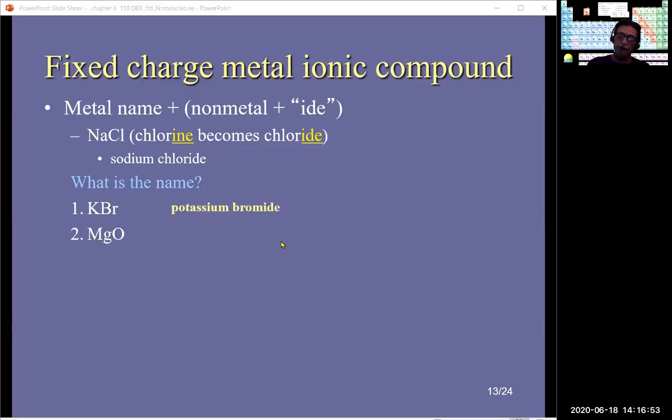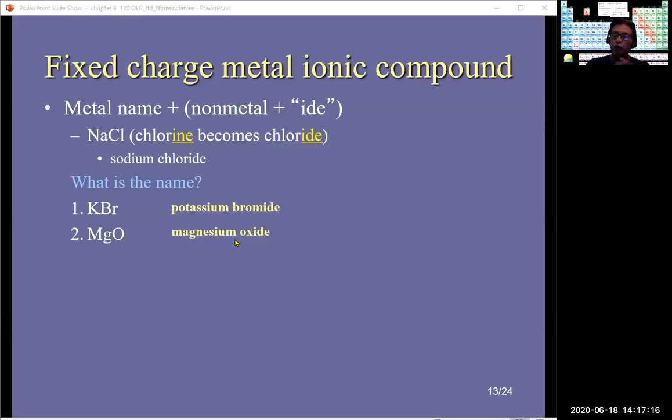Magnesium, and so oxygen becomes oxide. That is magnesium oxide. Now you can mix and match here. So far we've done potassium bromide, but you can partner up with oxide and make potassium oxide, or you can take the magnesium, partner up with bromine or bromide and make magnesium bromide.